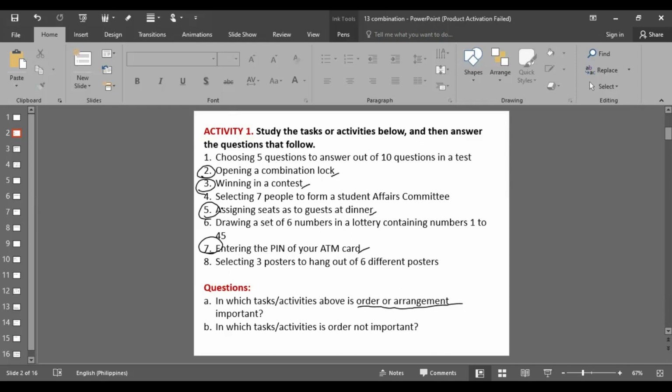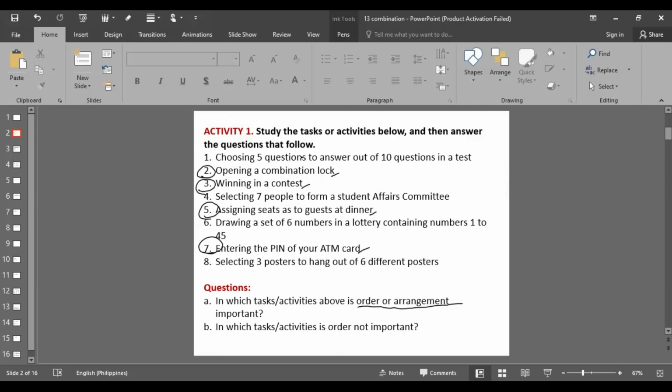The remaining items illustrate combinations wherein order or arrangement is not important. Just like in example number 1, choosing 5 questions to answer out of 10 questions in a test. Sa number 1, pinapipili lang naman kayo ng 5 questions.